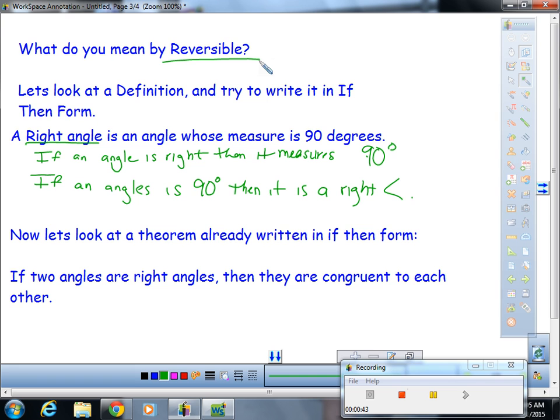If two angles are congruent to each other, then they are right angles. That is a false conditional statement. Look, I just drew two angles that are congruent to each other, and they are certainly not right angles. That's called a counterexample. That's how you prove things false. For the record, it is much easier to prove something false than it is to prove something true.